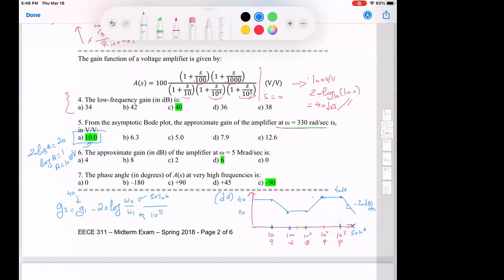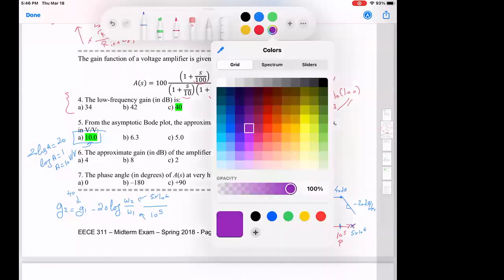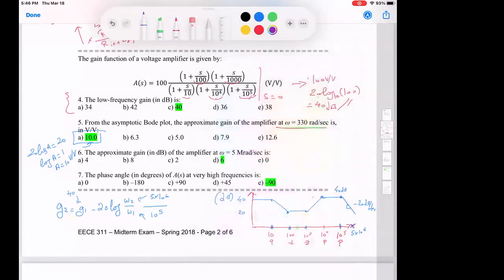Okay. Now, last question in this problem, he's asking me to find the phase angle at very high frequency. So when omega tends to infinity, the poles are going to give me minus 90 degrees each, and the zeros, depending on their sign, will give me plus or minus 90 degrees.